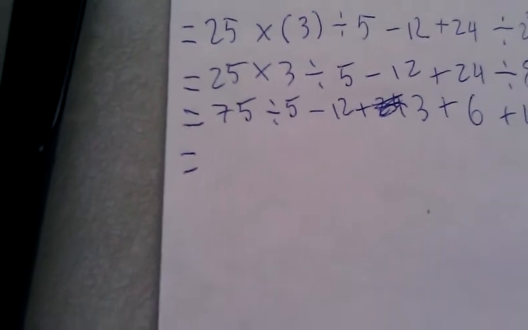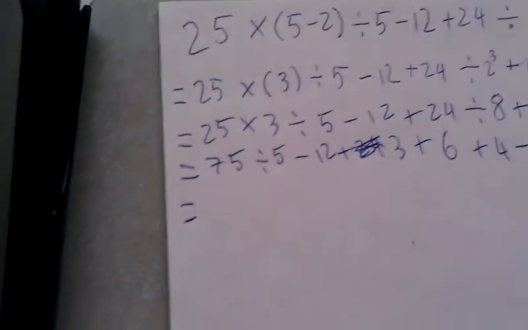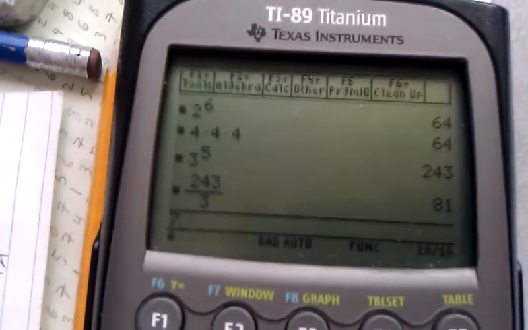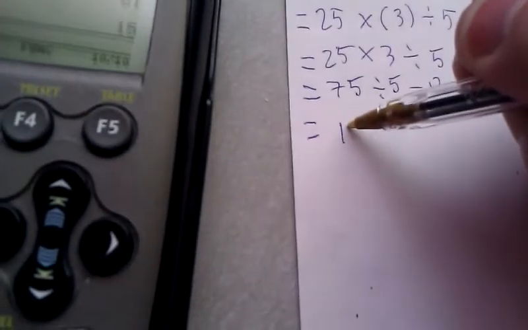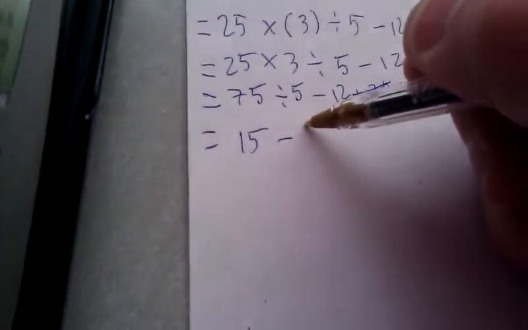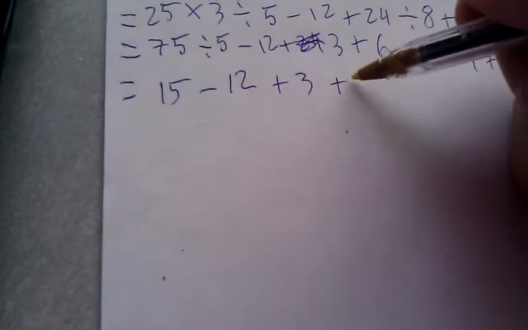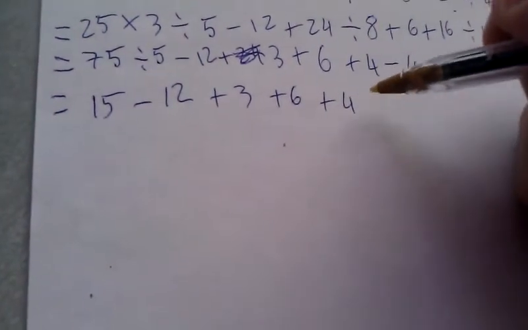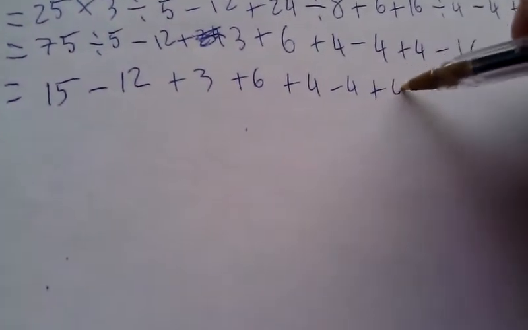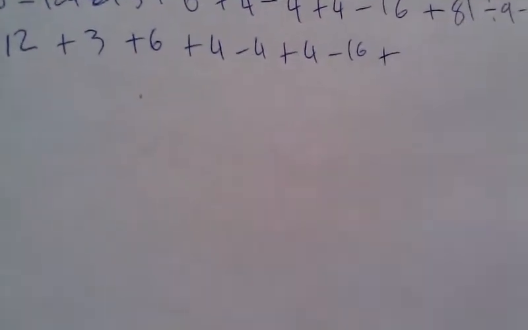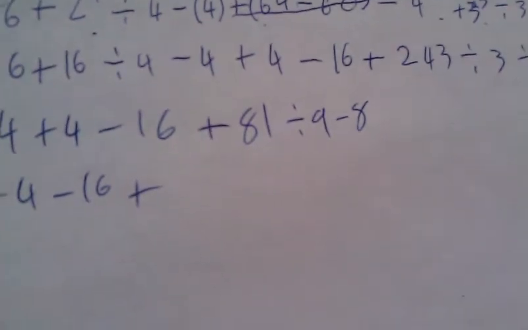So we just go left to right. 75 divided by 5. That's 15. Plus 12 plus 3 plus 6 plus 4 minus 4 plus 4 minus 16 plus. Okay, and then we have a 81 divided by 9.